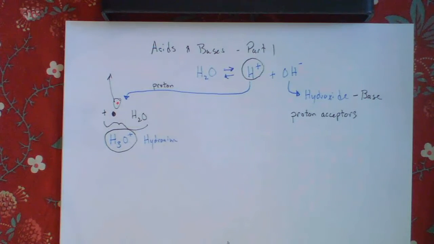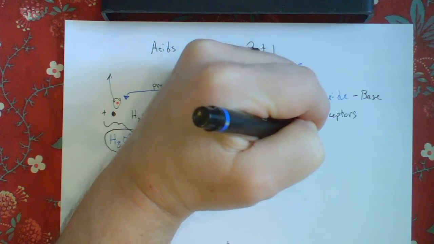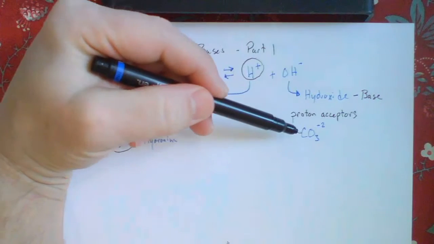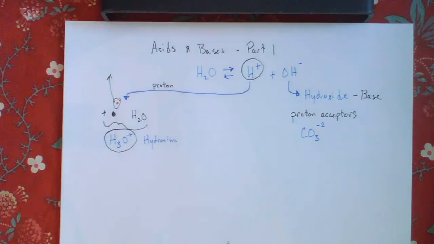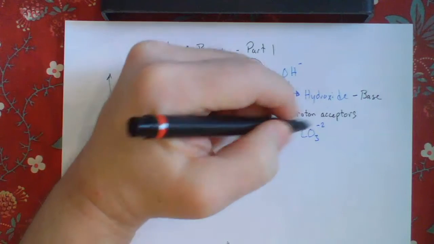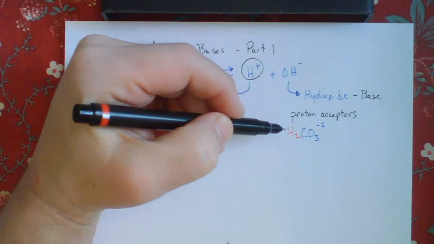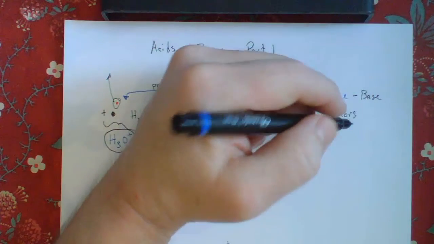So what are some other examples of proton acceptors? We always like to see things like carbonates. A carbonate is a proton acceptor. It could grab hold of some of these. In fact, when we add some hydrogen to it, we're making something an acid. So anytime we have hydrogen attached to something, it's going to be an acid.